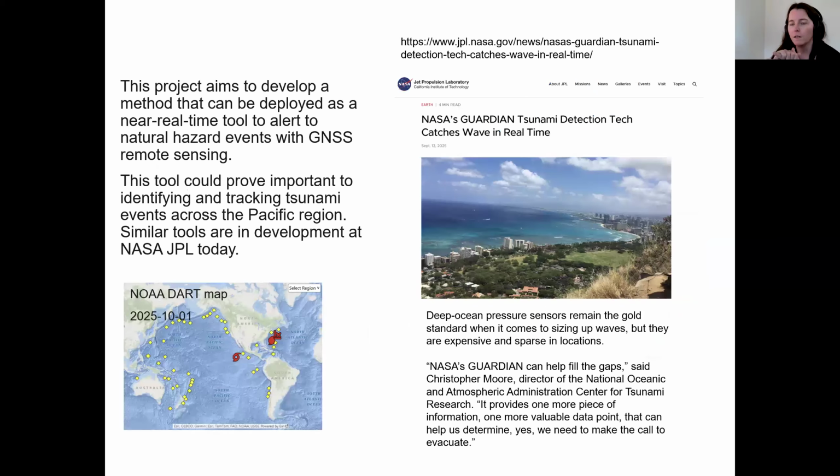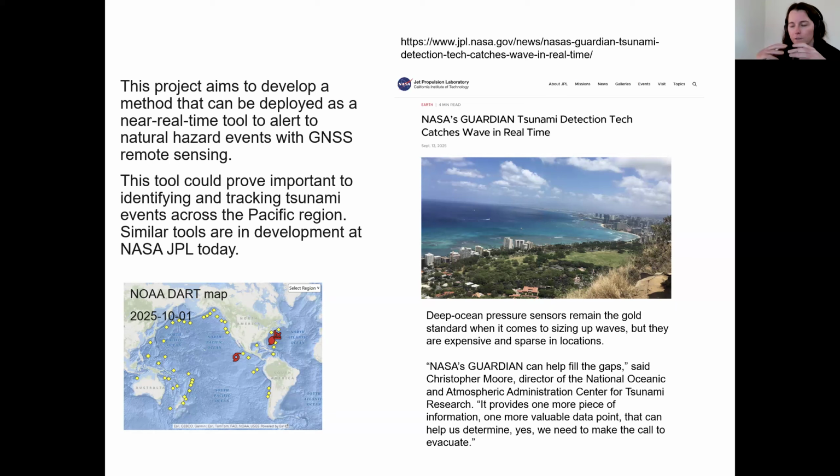And I think one recent event was the Kamchatka earthquake that occurred, a massive 8.8 magnitude earthquake in Russia. And the Guardian system actually detected an anomaly, the earthquake itself. And then afterwards, using Guardian data, JPL was able to monitor a tsunami wave as it moved across the ocean.